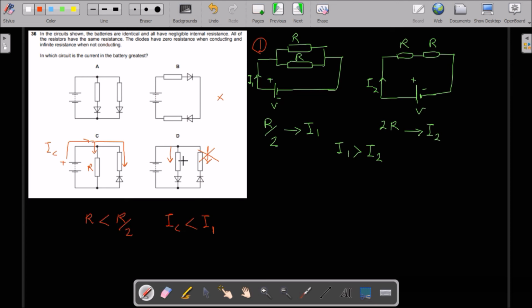So again, if you consider R, the current for D is also less than I1.